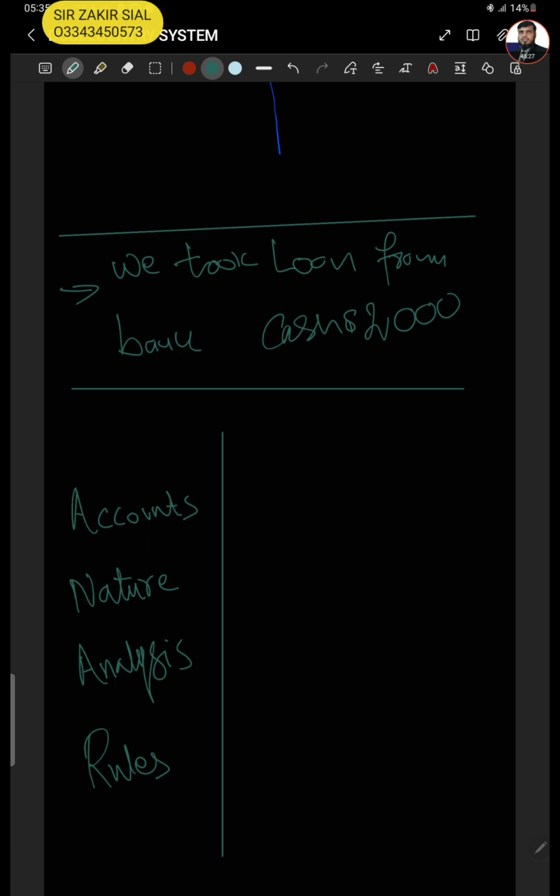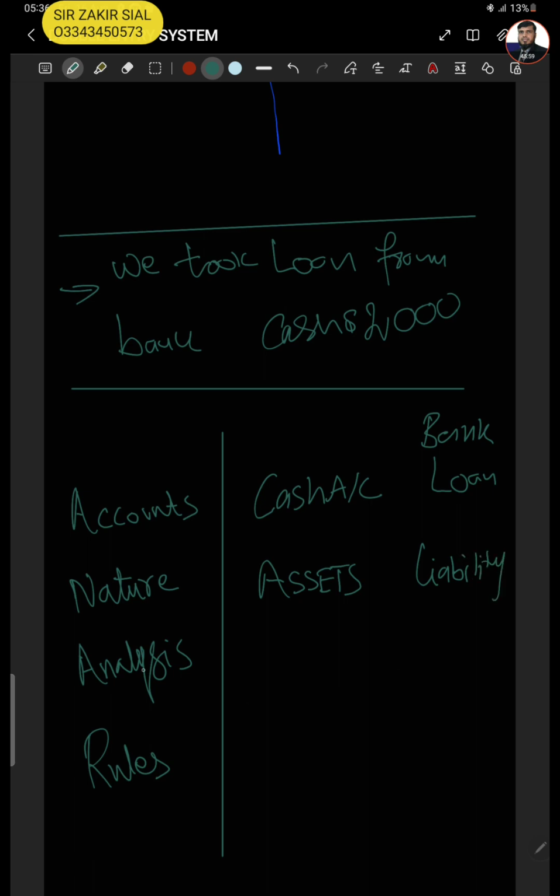Accounts in this transaction are cash, one is the cash account, another is the bank loan. Now, what is the nature of these two accounts? The cash account is your asset, as I have explained earlier. Bank loan is your liability.